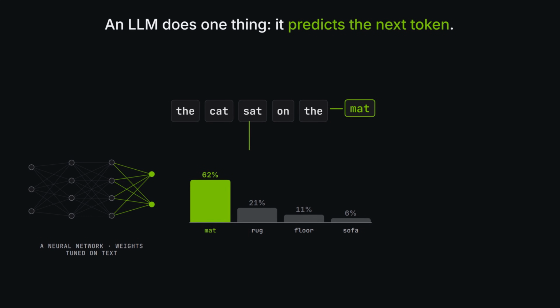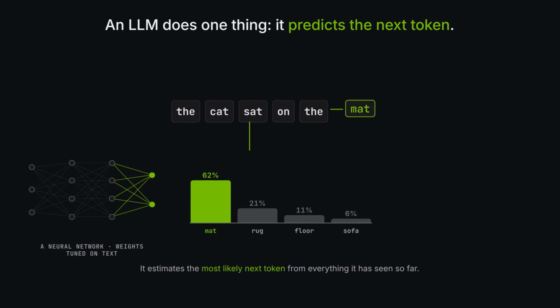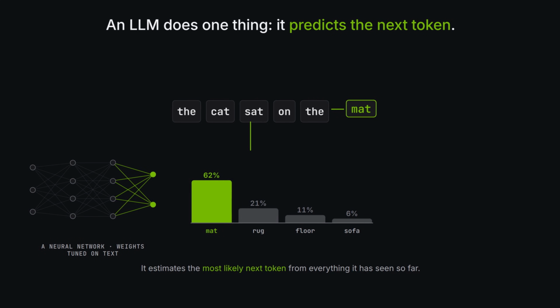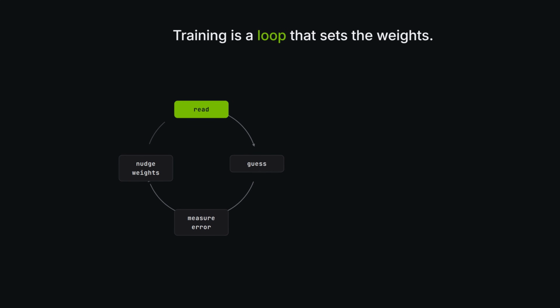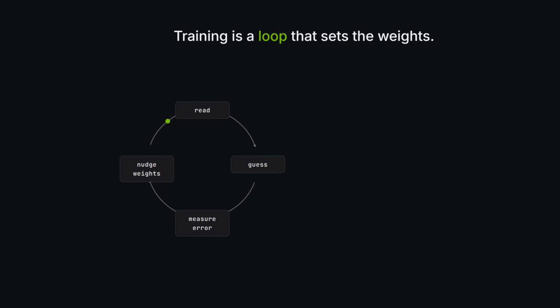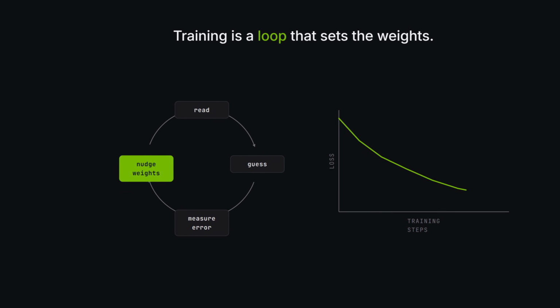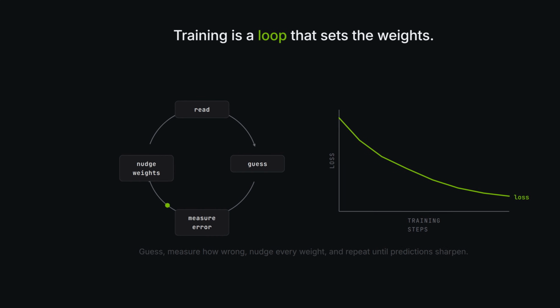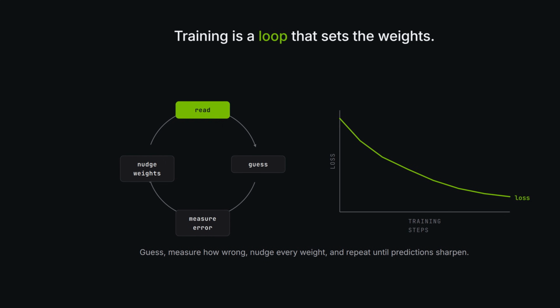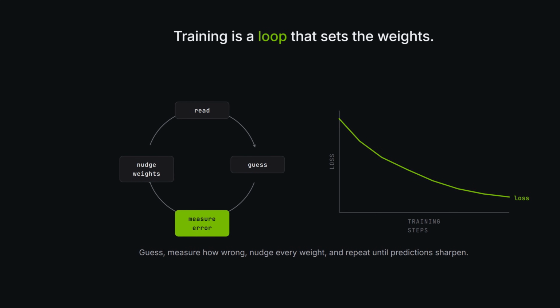And all it fundamentally does is estimate the most likely next token given the tokens it has seen so far. Training is how those weights get set. The model reads billions of examples, guesses the next token, checks how wrong it was against the real next token, and nudges every weight a little to be less wrong next time, repeating that until its predictions sharpen.